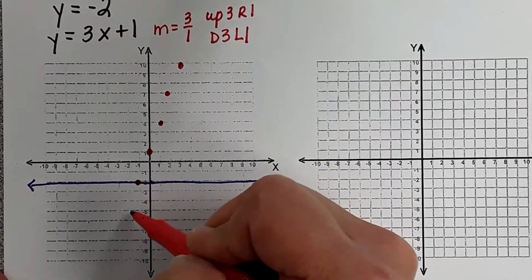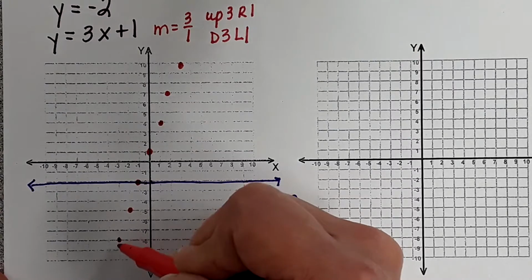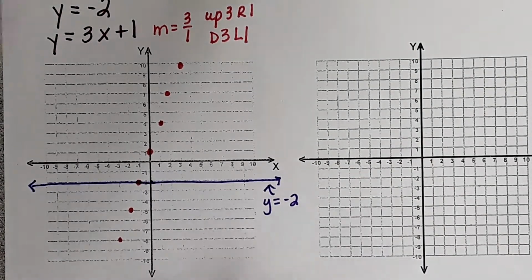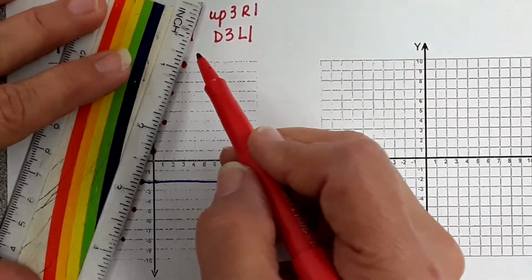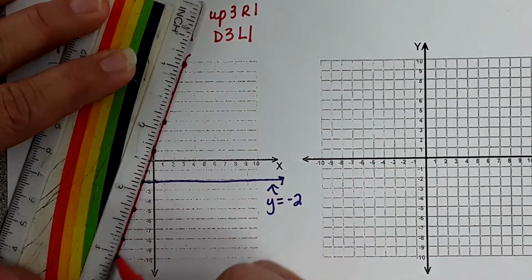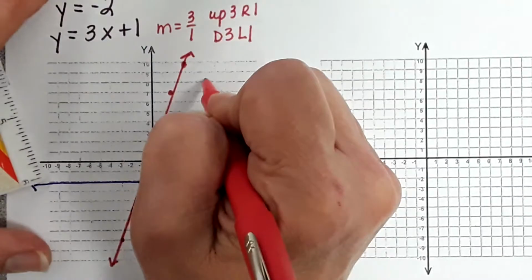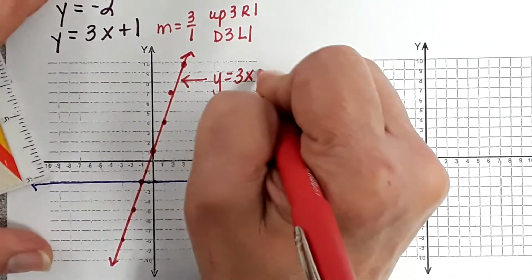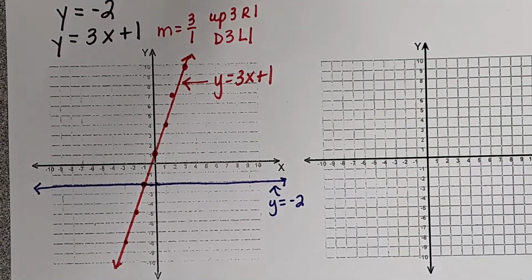I can't go any further, so now we're going to connect them. You can use your ID badge or another piece of paper. And that's how your paper should look.